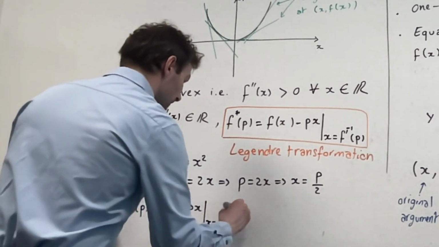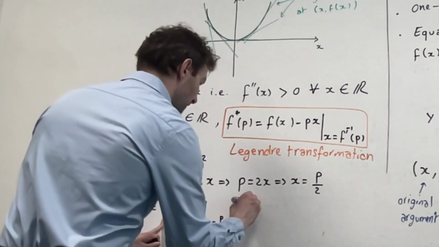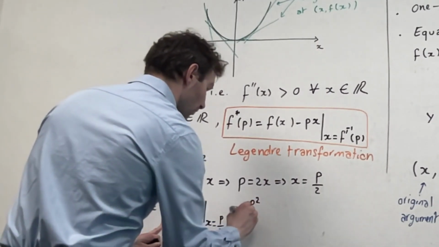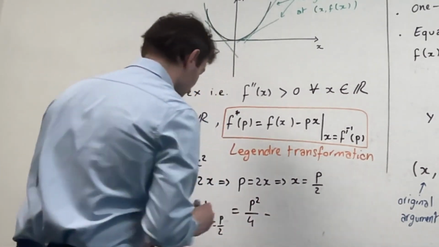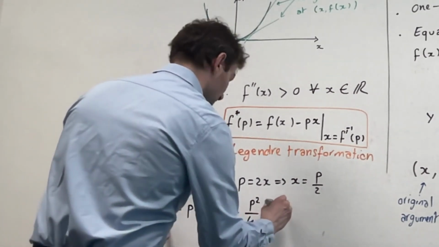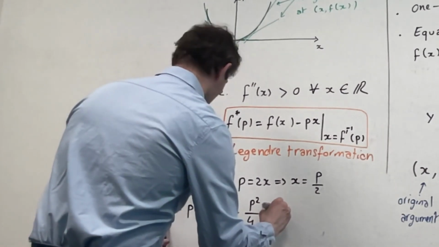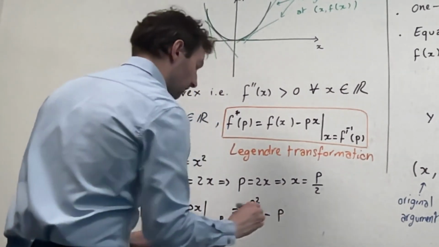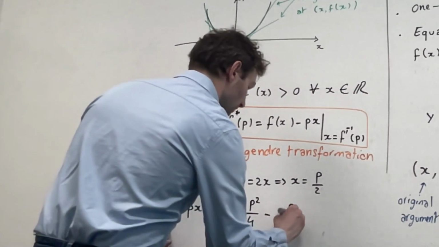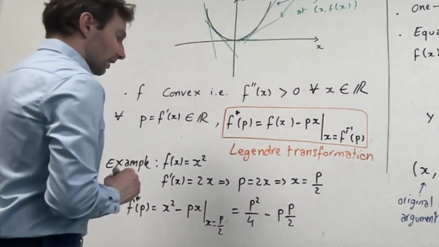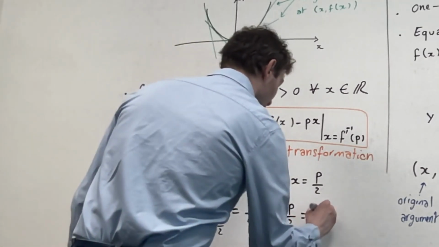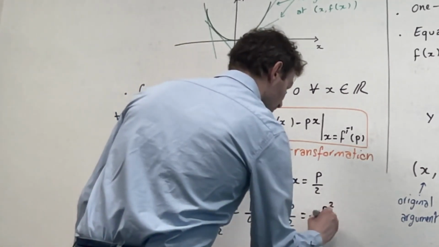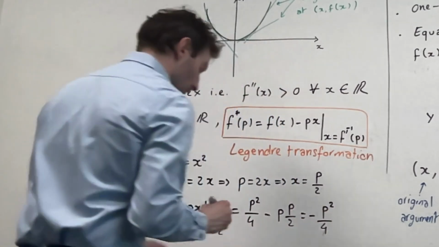So what that means is that I've got here p squared over 4, and then minus p times p over 2. And so what I get in this particular instance is that this is equal to minus p squared over 4.